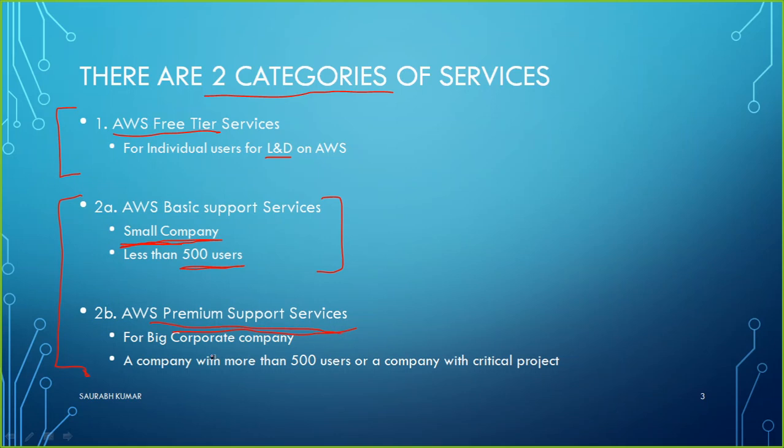So all the big corporate companies as well as a company with more than 500 users, or a small company working on a critical project that wants full-time support, to run their services all the time, 24 by 7, can definitely go for the premium support service.